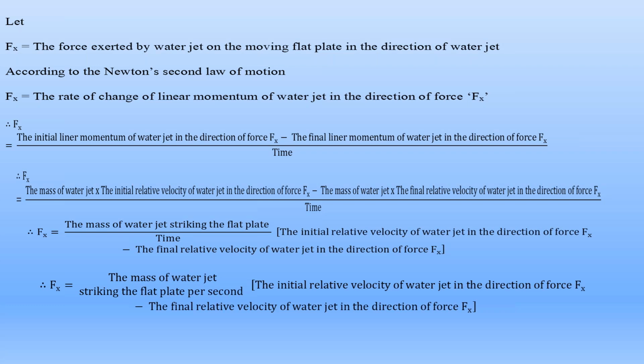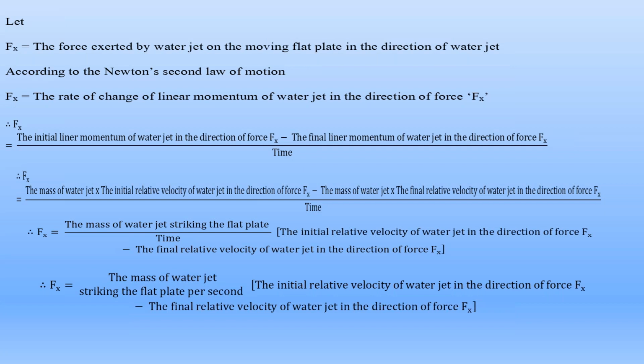That is important because the metal plate is in moving condition. Since the metal plate is moving, the water jet strikes the metal plate with relative velocity. The absolute velocity is considered in the rest condition, whereas in this condition we must consider the relative velocity of the water jet in the direction of the motion of the metal plate.